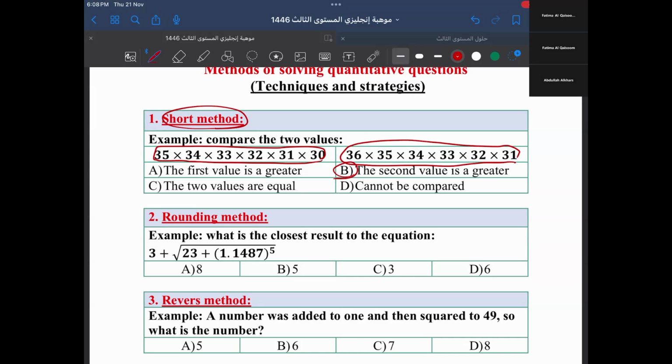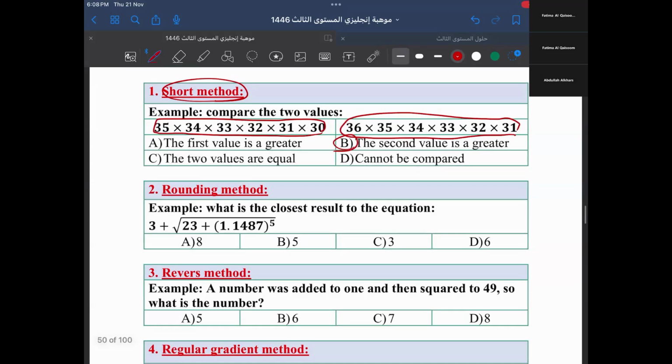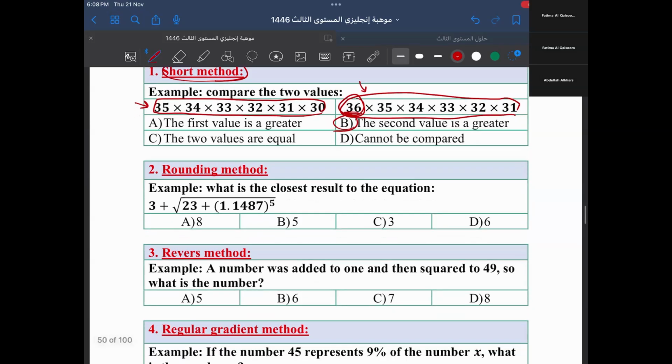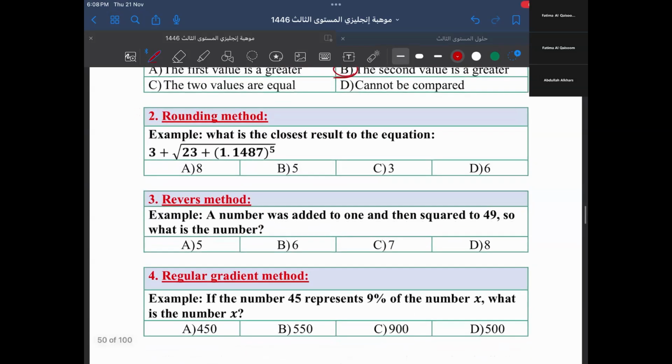Because we have the 36 and it's not in the first value, this one will be bigger. Excellent.